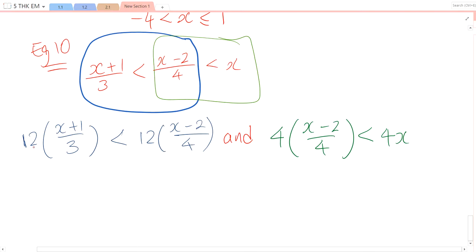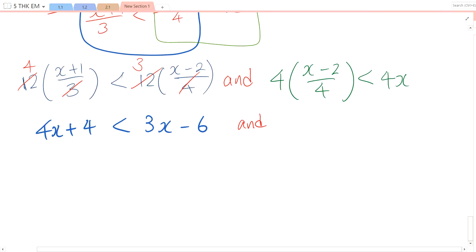Okay, so for the blue inequality, let's continue. We've got cancel 4. So 4x plus 4 less than, use a pencil, cancel, this is 3 over here, less than 3x minus 6. And if you like, you can do the other side already, but let's just focus on one first. So here we get x less than negative 10.